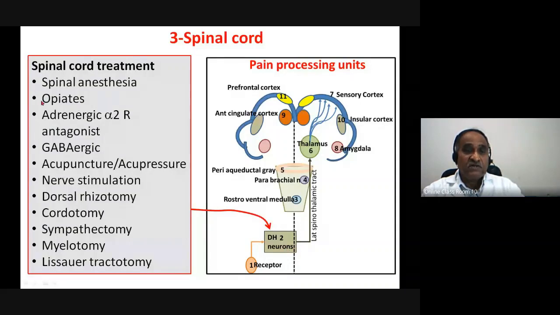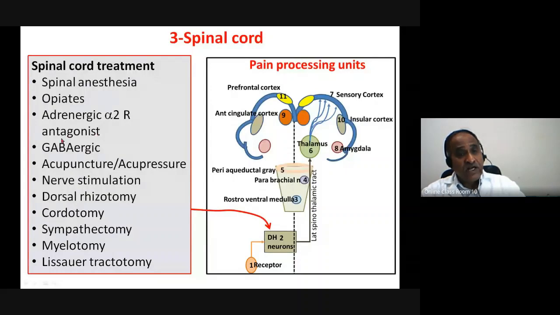So use of opiates will decrease or inhibit the transmission of impulses to the lateral spinothalamic tract. So that is morphine and morphine-like drugs. Or you can use the alpha-2 adrenoceptor antagonist.